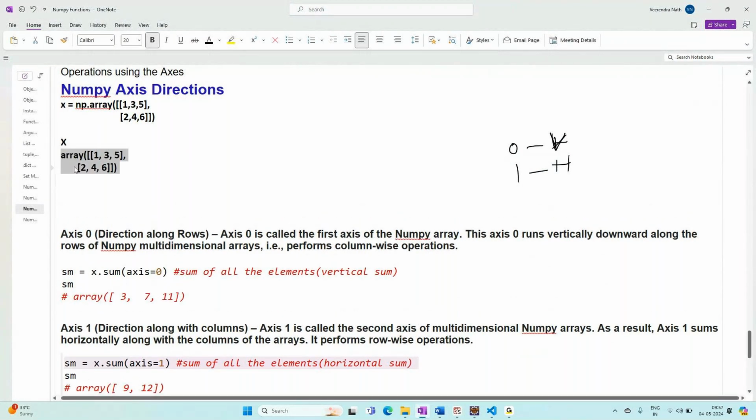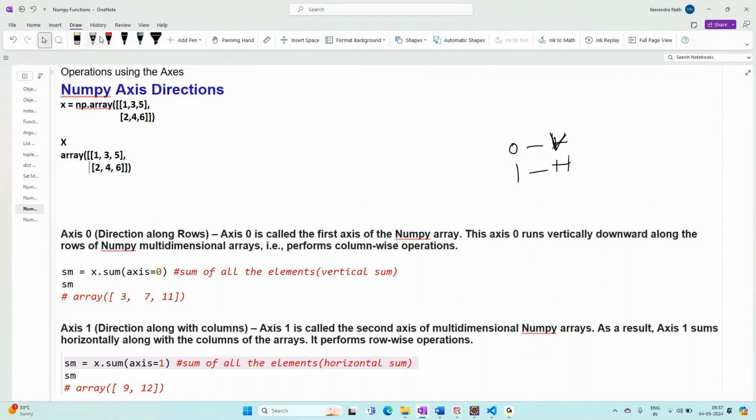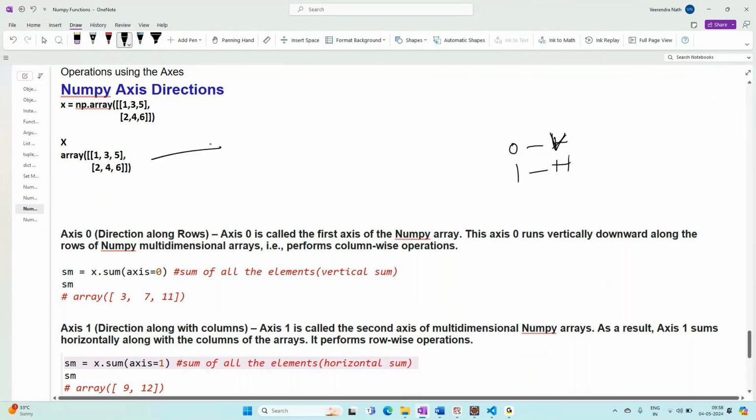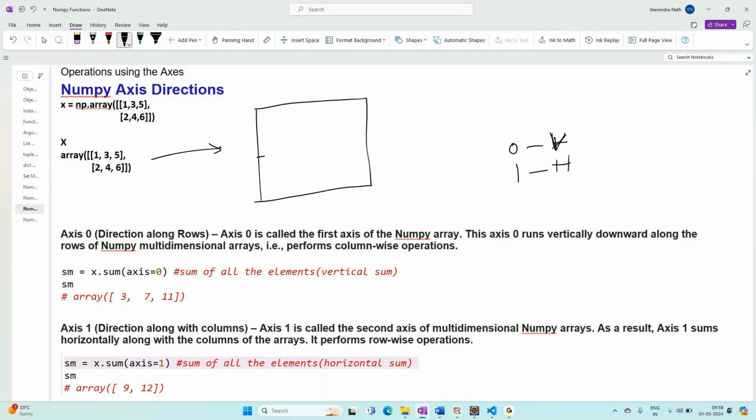I got the array with how many rows? Two rows. You can look at it like 0 and 1. So two rows and three columns: 1 3 5 and 2 4 6.